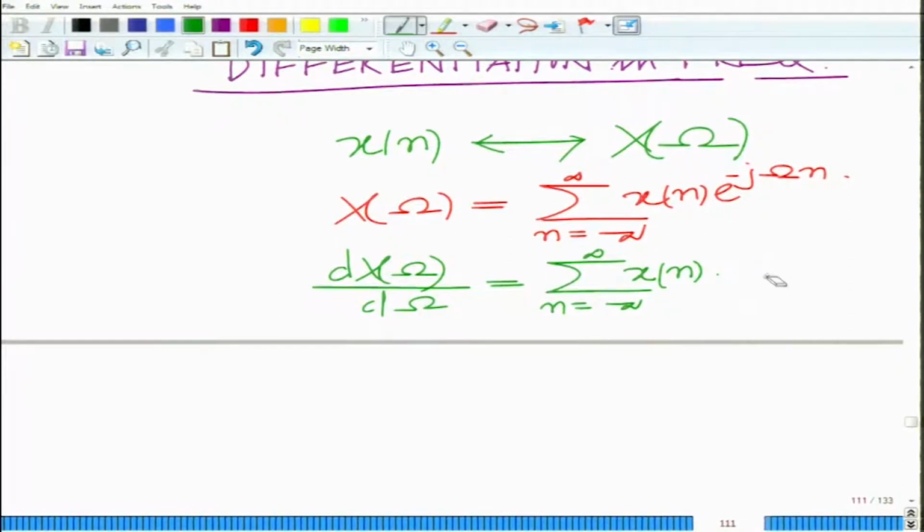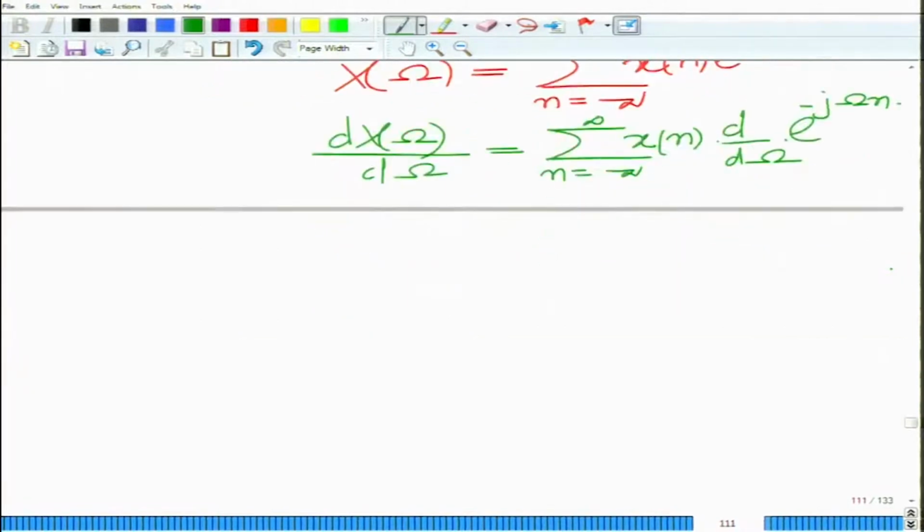Or let me just write it, that is d over d omega of e raised to minus j omega n, which is summation n equals minus infinity to infinity x n times minus j n e raised to minus j omega n.